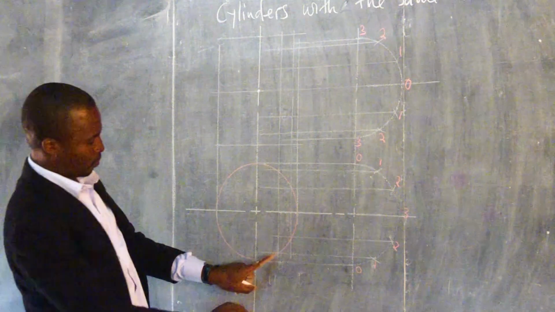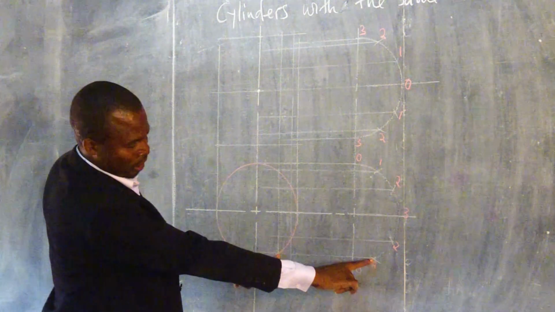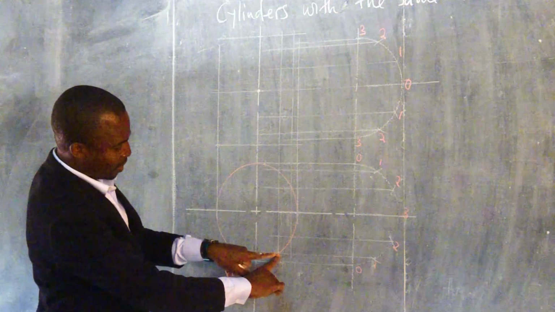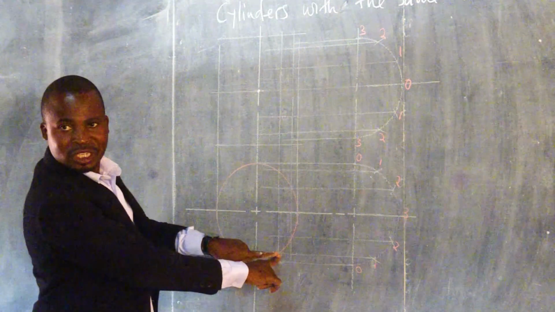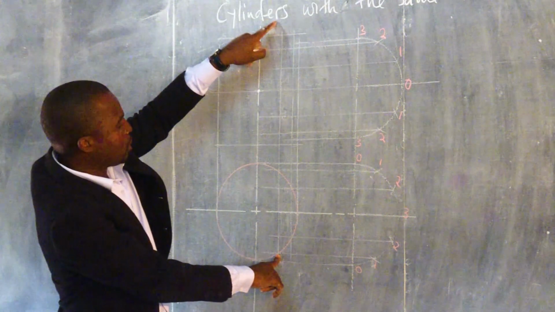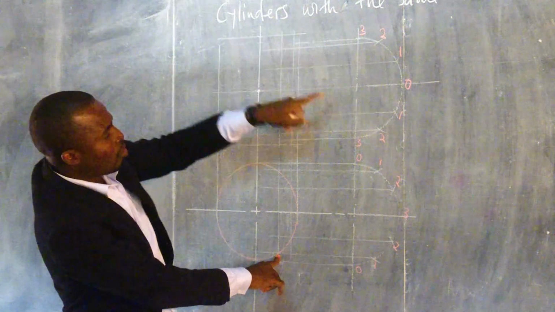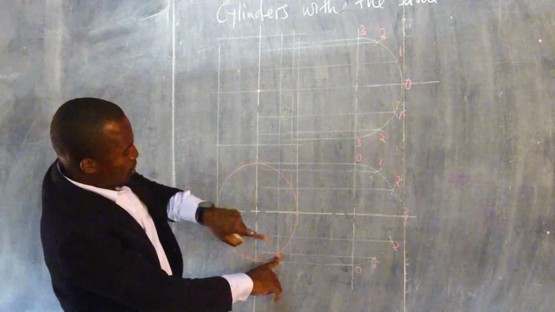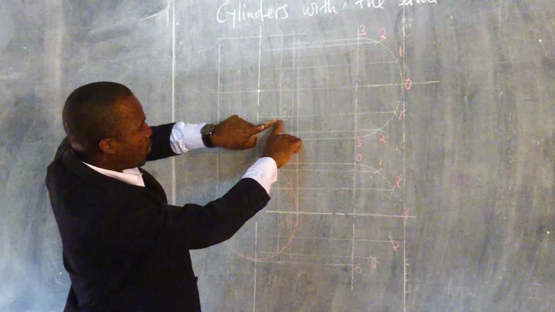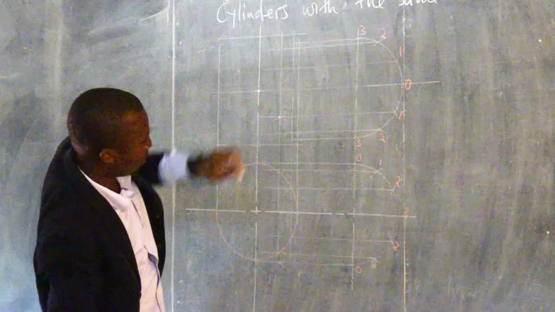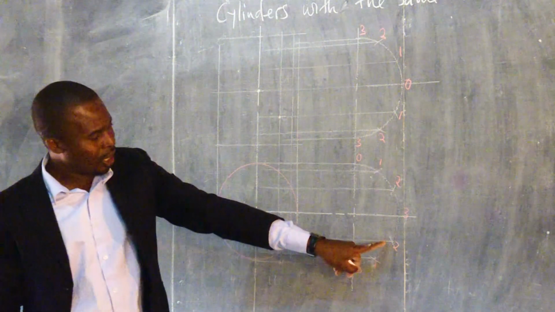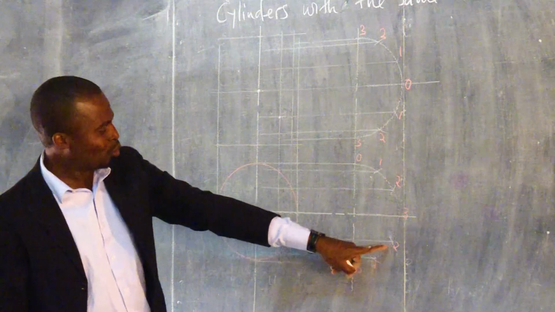And then we have 1. Our 1 is here. Then you follow this line. Where it touches the circle, there is a line which has been drawn going upwards, which has been projected. Then you are also going to follow line 1. When you follow this line, and then there is line 1 here, where do they meet? It is there. Out together. Yes. Then you are going to follow line 2. We have 2 here.